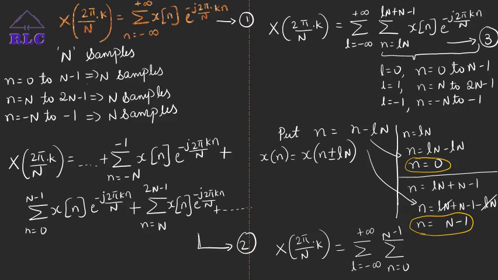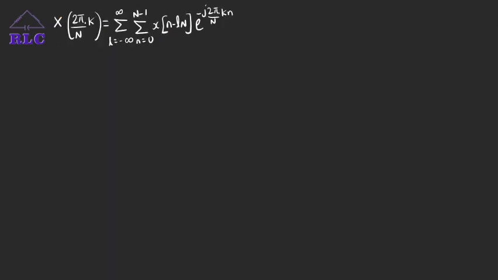I have substituted n is equal to n minus LN, so it is x of n minus LN into e power minus j 2 pi k n by N. When n is substituted as n minus LN, I'll get back e power minus j 2 pi k n by N.